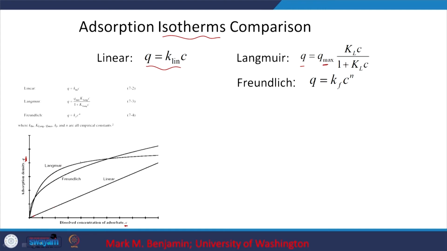So you see it quickly reaches a Q max saturation, and with respect to Freundlich, you see the different profile out here, right. The key aspect is Q max and monolayer here. Here it allows for heterogeneous adsorption and thus different layers. So that's something to keep in mind, right.